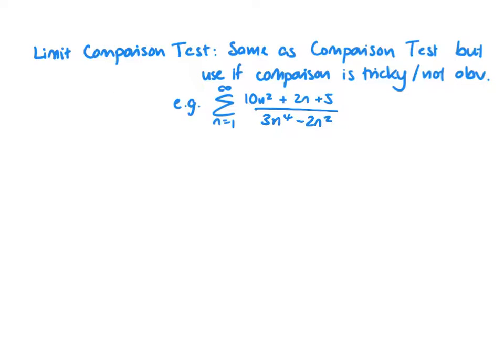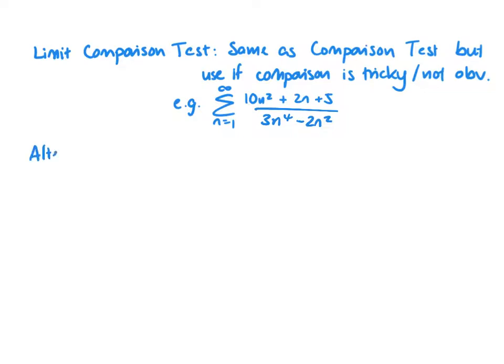Compare to the previous example I gave for the comparison test, and think about why the basic comparison test might not work out the way we want it to. With the comparison test in general, I need to be seeing things like exponential functions and polynomial functions in the definition of the series because I want something to look like a geometric or p-series, which I already know about and can compare to.